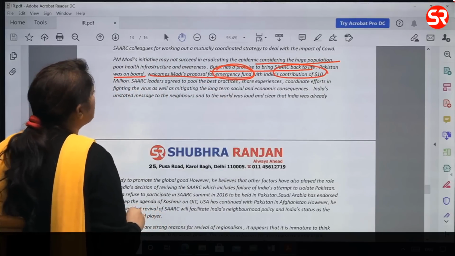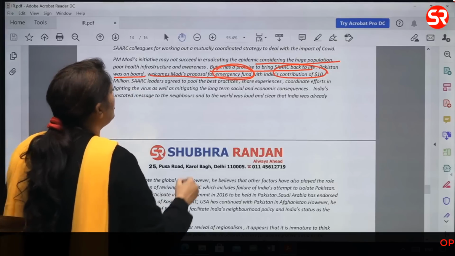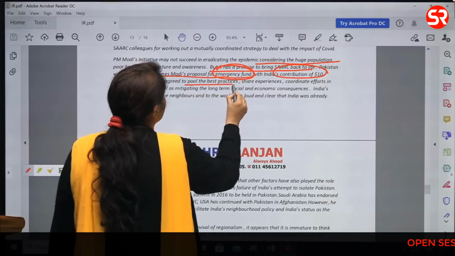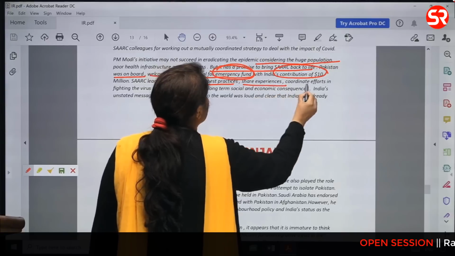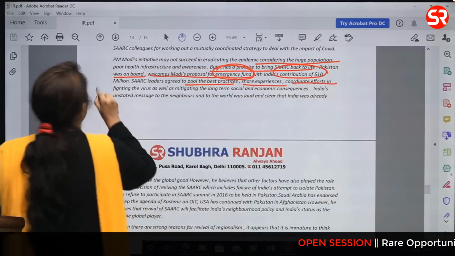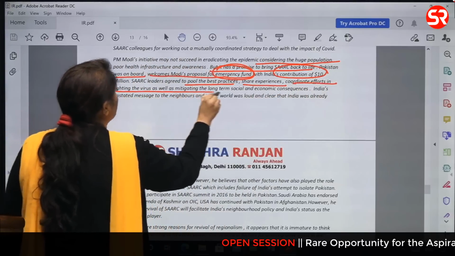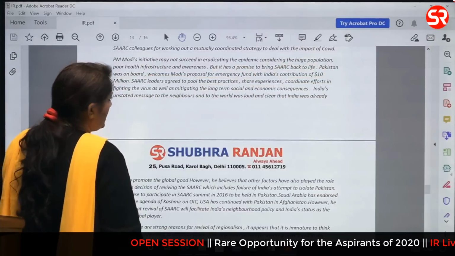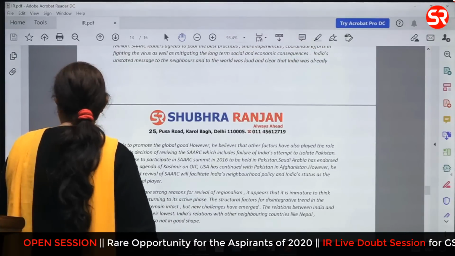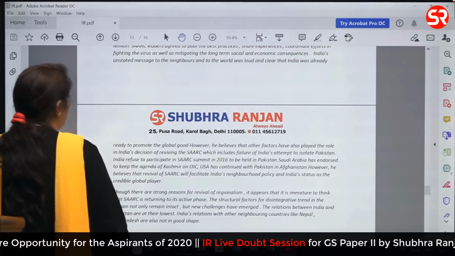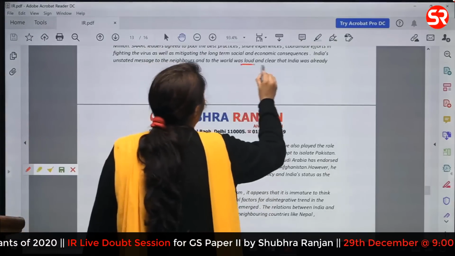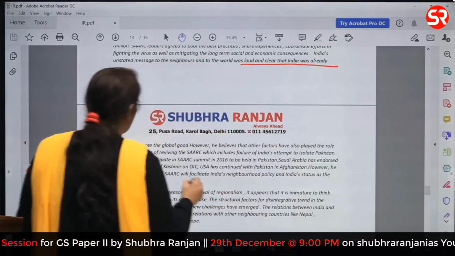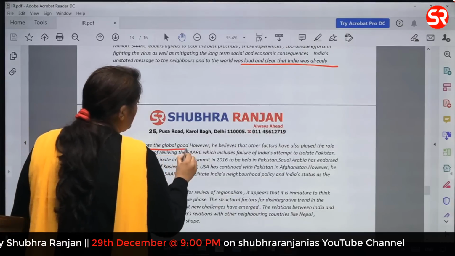SAARC leaders agreed to pool the best practices, share experiences, and coordinate efforts in fighting the virus. India's main purpose was that our message was loud and clear: India is ready to promote the global good.